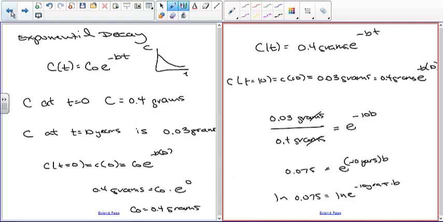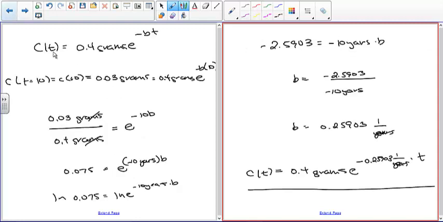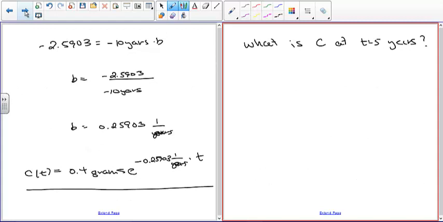Now I didn't ask it earlier, but let's say I want to know what it is after 5 years. So what is c at t equals 5 years? It's halfway. So it should be between 0.4 and whatever it was, 0.03, somewhere between there. It's not going to be linear or average because it's not a linear function.